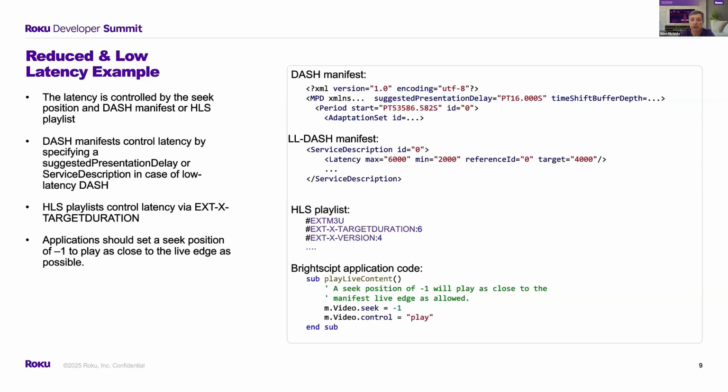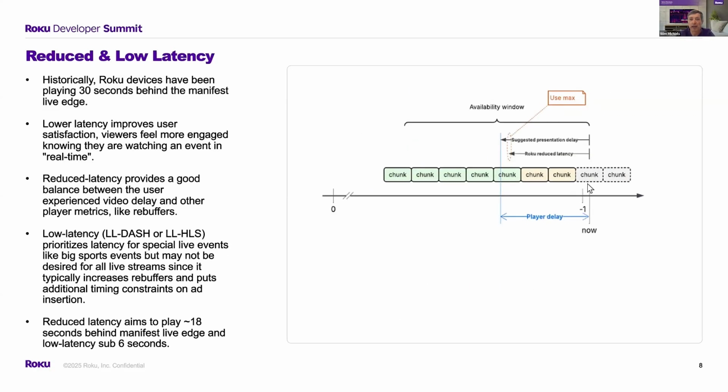We also have an example that shows how applications should configure the player for live playback, I mean, live playback as close to the live edge as possible. So it's very important that the application specifies a seek value of -1. If we go back to the previous slide, you see that now is at this position, and so a negative value of -1 would be 1 second away from the live edge.